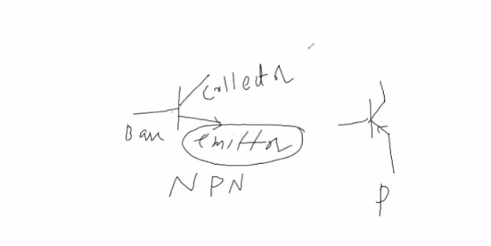So this is the PNP transistor and this is the NPN transistor. Okay. So in the NPN transistor, we now discuss the direction of currents. So the electron flow is like this, IB current, okay, and IC current, okay, and the emitter current through the emitter terminal, IE, okay.